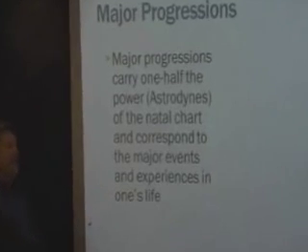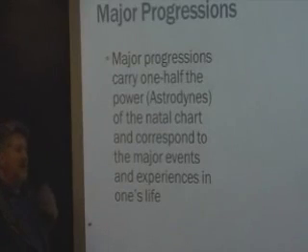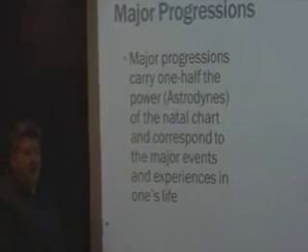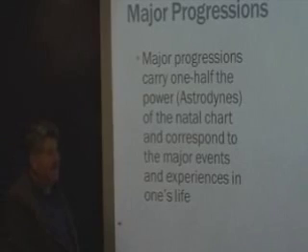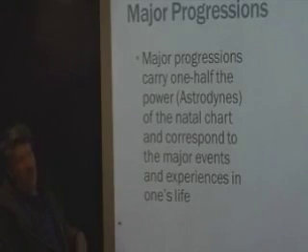Now, in order to determine the strength of a major progression to attract events, we give the major progression the value or the power. In the case of astrology and in Hermetic astrology, we're working with astrodynes, star power basically, or astrological power.